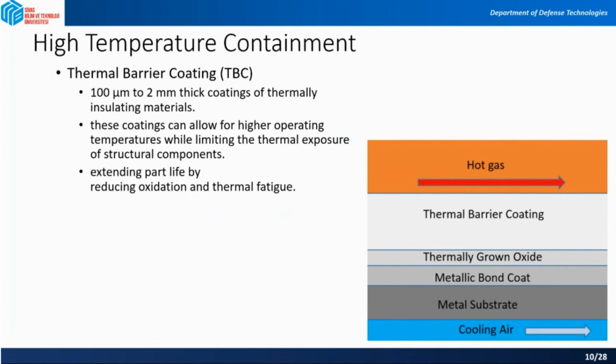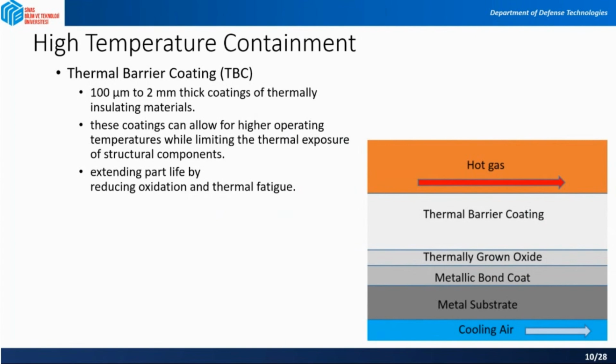And these coatings are varying in size from 100 microns to 2 millimeters thick. And these materials serve to insulate the components from large and prolonged heat loads and can sustain an appreciable temperature difference between the load-bearing alloys and the coating surface.